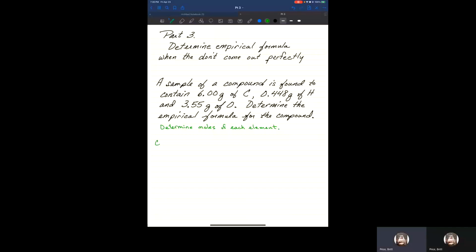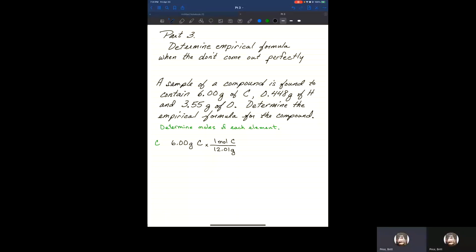For carbon, I'm given 6.00 grams of carbon, and I need to find moles. So to go from grams to moles, you use that molar mass, and 1 mole of carbon is 12.01 grams.